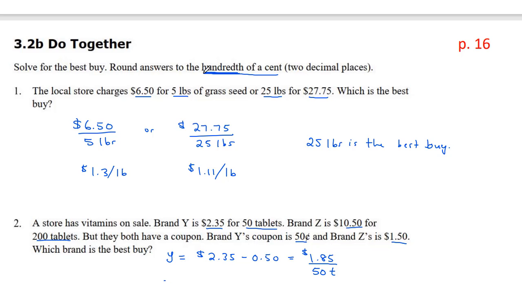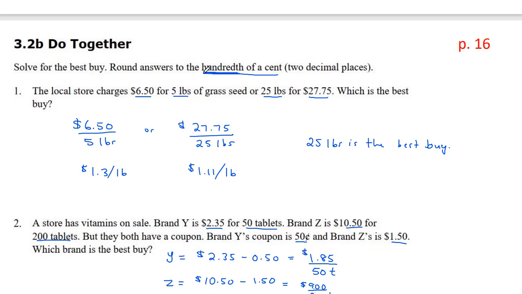And then brand Z is $10.50, but the coupon is $1.50, so we're going to take that off. And so that's going to be $9. Just erase that. I'm running out of space here. I hope this doesn't cut it off. $9 for 200 tablets.